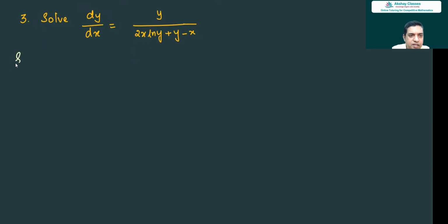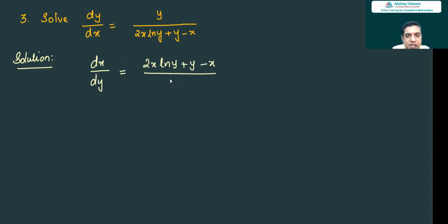So how do we solve this problem? What we need to do, just take the reciprocal and see how it looks. dx by dy is 2x log y plus y minus x by y.